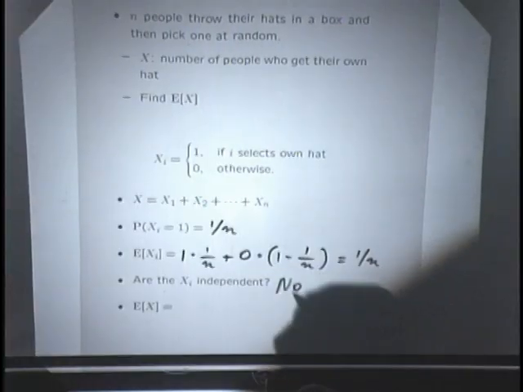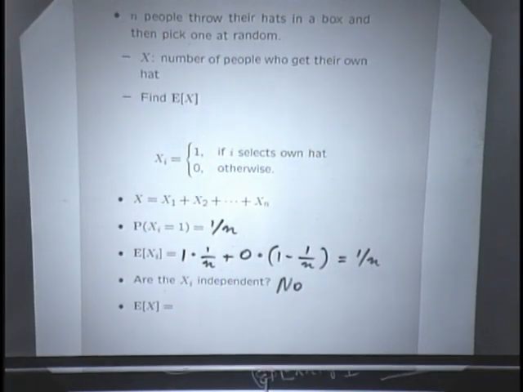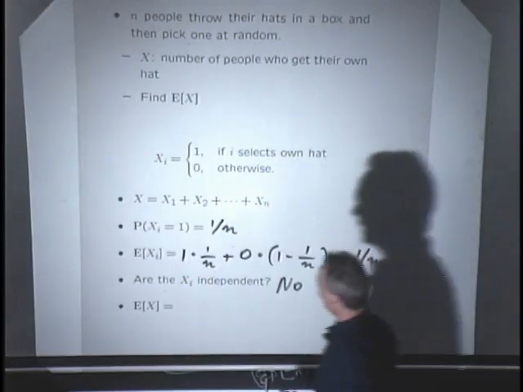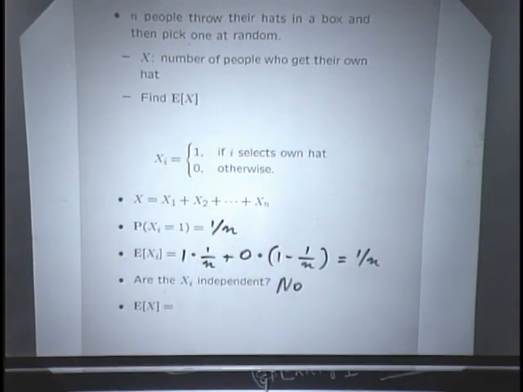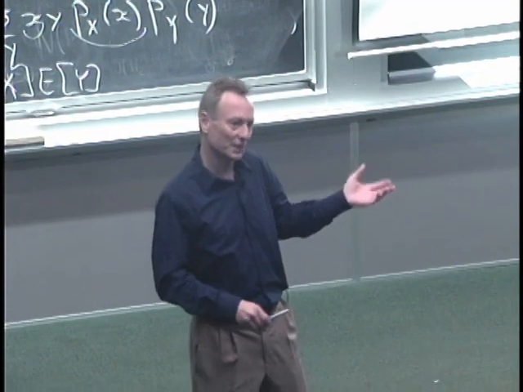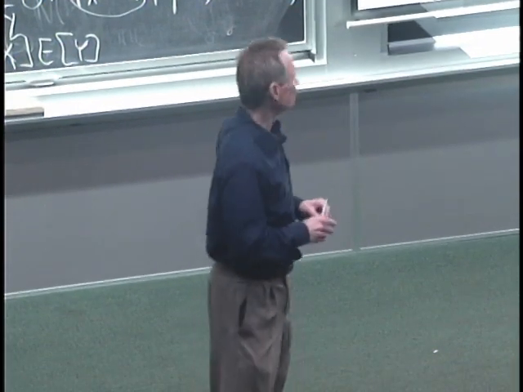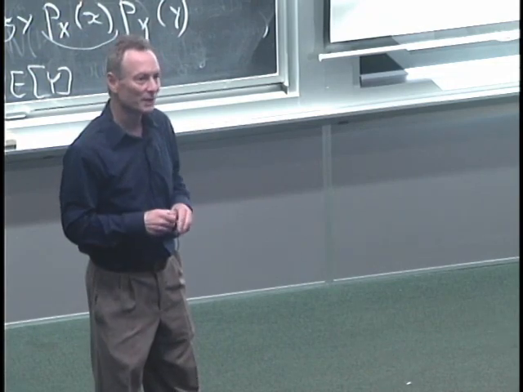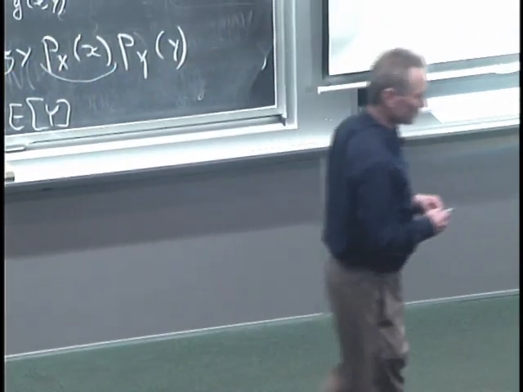Are we stuck? Can we still calculate the expected value of x? Yes, we can. And why? The reason we can is that expectations are linear. The expectation of a sum of random variables is the sum of the expectations, and that's always true. There's no independence assumption that's being used to apply that rule.